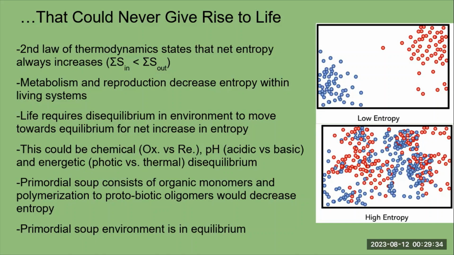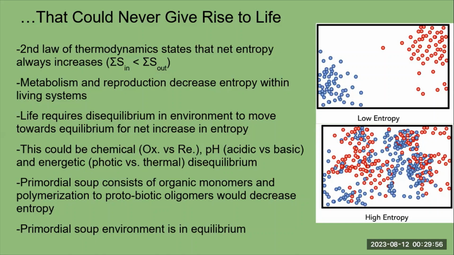This disequilibrium can be chemical, as in oxic versus reducing, pH, or acidic versus alkaline, and energetic, as in photic versus thermal energy. A primordial soup would consist of monomers, and polymerizing these into protobiotic oligomers would decrease the entropy of the system.